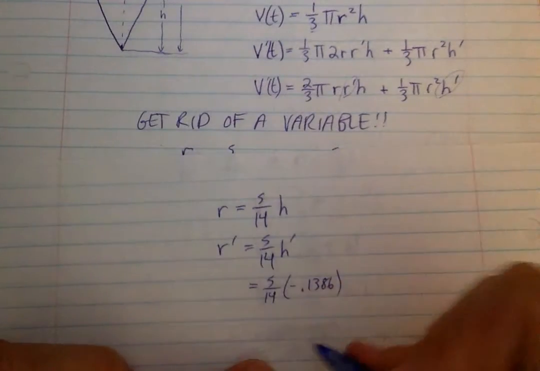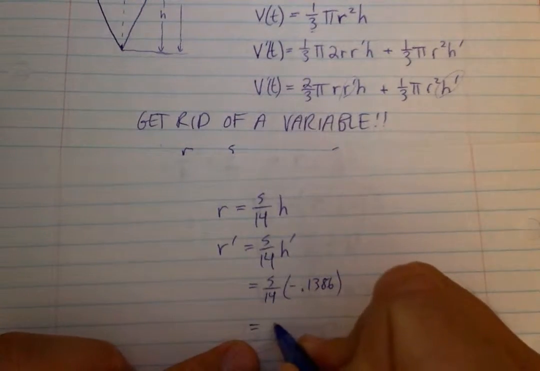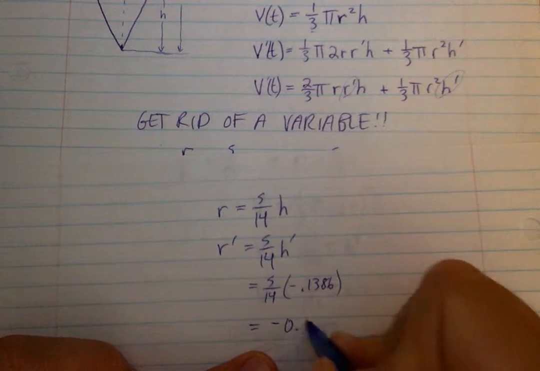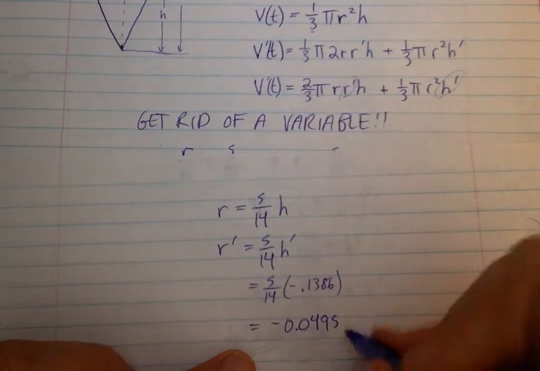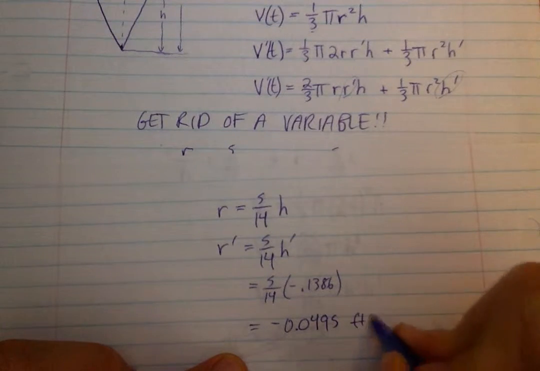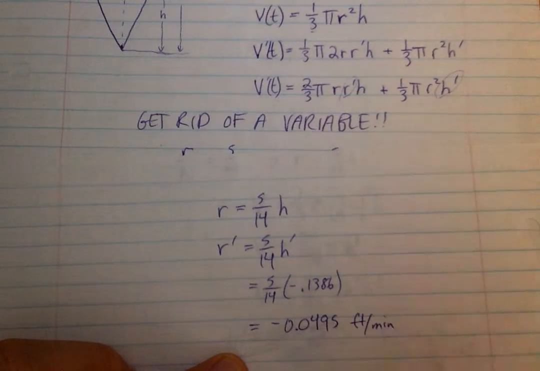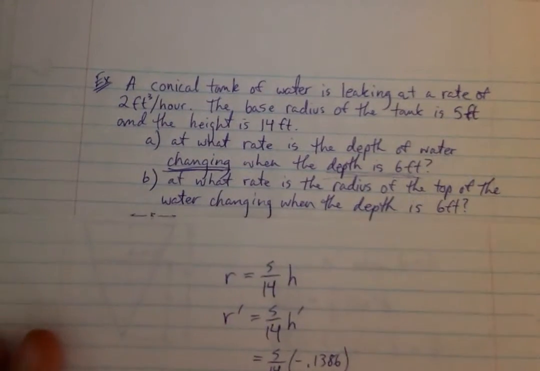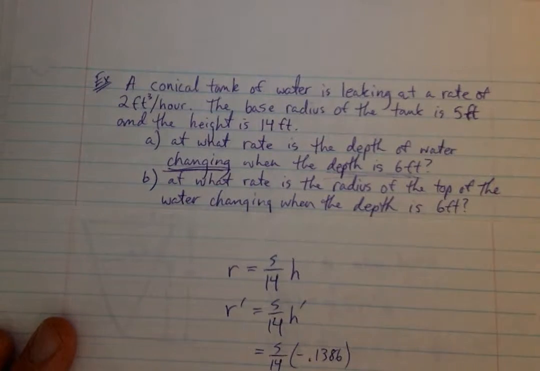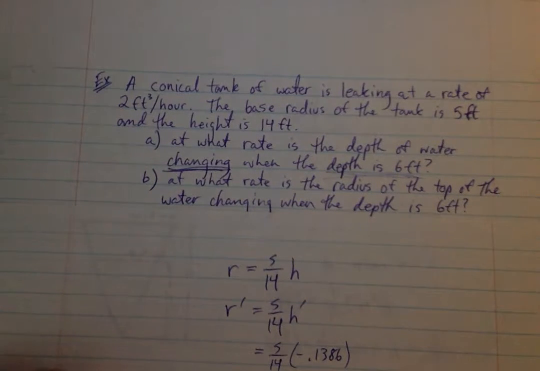And what does that give us? It gives us -0.0495. There we go. So that's how we did part B. It's a lot simpler. You're always trying to look for ways to simplify your life instead of make it harder.